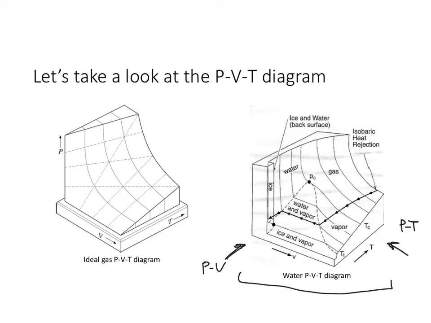So looked at from this direction here, it should look very similar to the one on the last slide. And when looked at from this direction straight on, you see that the coexistence regions just look like a straight line because we're looking straight at it from the edge. And that's what the PT phase diagram looks like. But that's only because it's from that particular perspective.